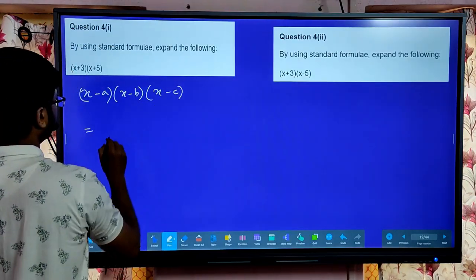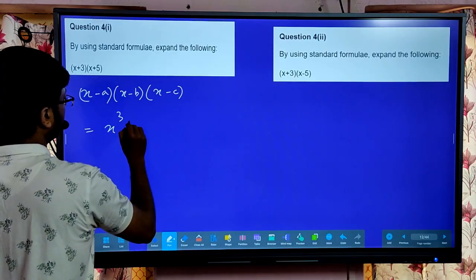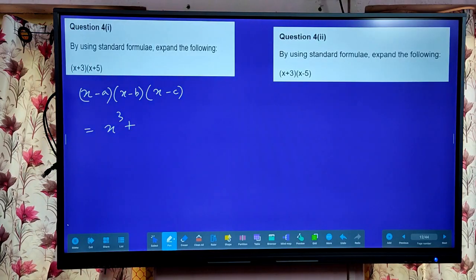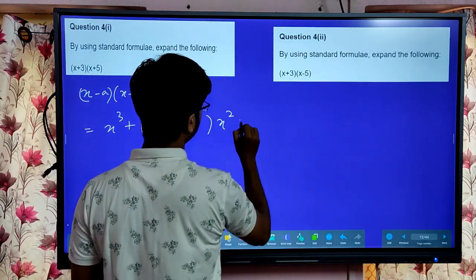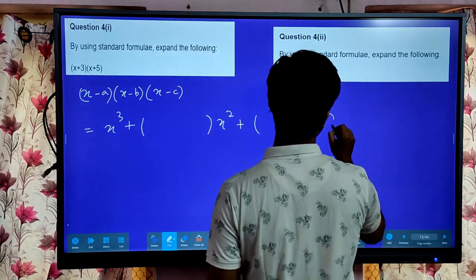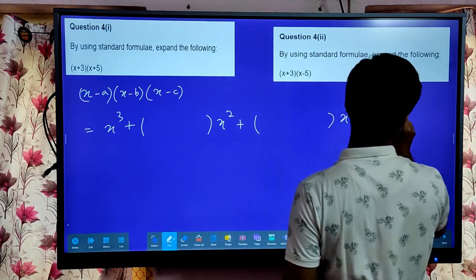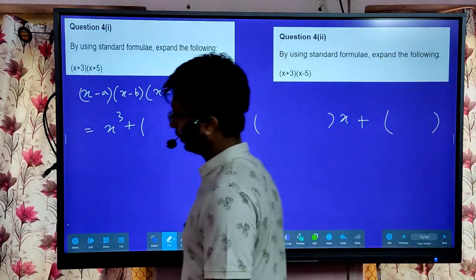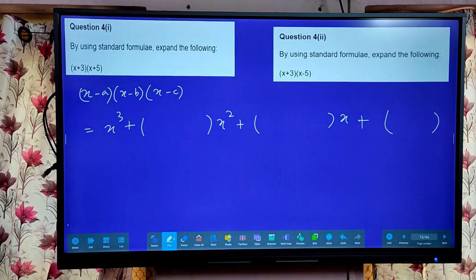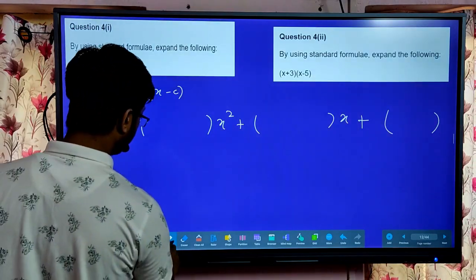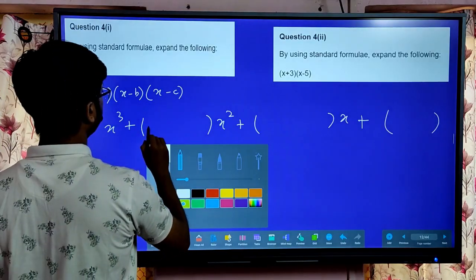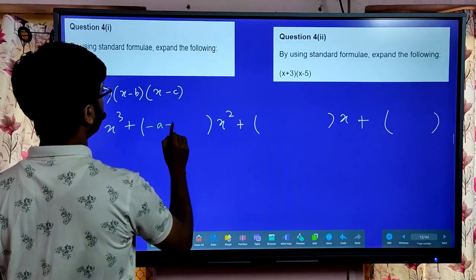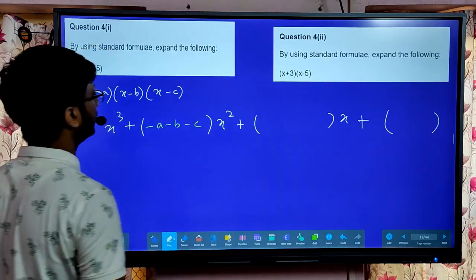So let me write, it will be x cube, then I will leave some space over here, x square, then again some space, x, and then some space over here for the product. So this will be minus a minus b minus c. I hope it is clear.